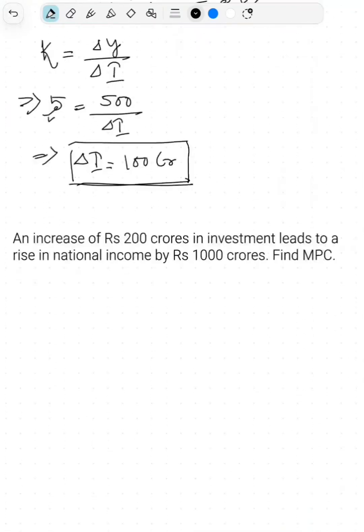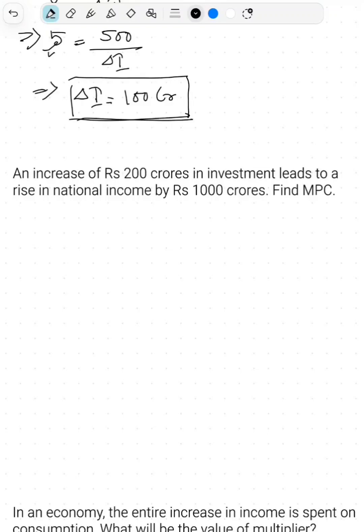Next. The question says an increase of 200 crores in investment leads to a rise in national income by 1,000 crores. So understand the question. An increase of 200 crores in investment leads to a rise in national income by 1,000 crores.